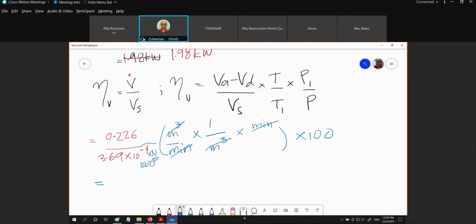Dalam kes kita ni saya gunakan yang ini sebagai V. Kalau nak guna dot pun boleh, kalau atas dot, bawah pun dot lah. So it's up to you. Okay, berapa? Jadi ini based on the first one. This is second equation. Berapa?